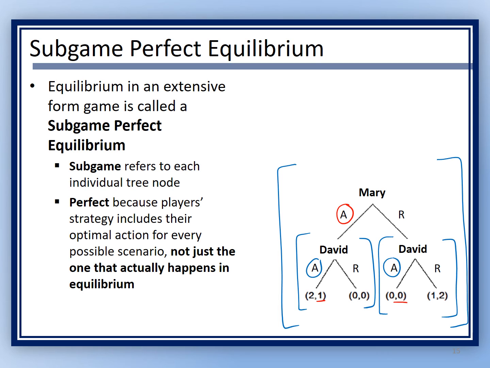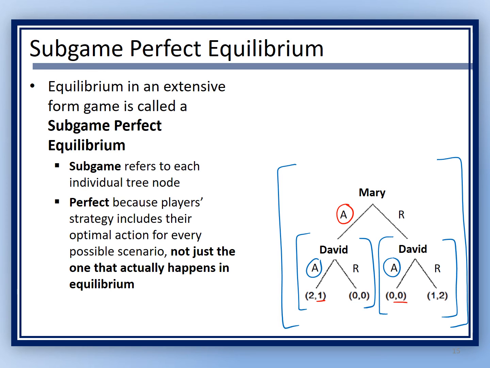So in subgame perfect equilibrium, we rule out the possibility that the players can make suboptimal plans like that. Those plans could alter what happens in equilibrium, and we do not allow that. Every player has to make a choice in every scenario that is optimal within that scenario. So it's a restrictive definition, but it helps us keep the situation manageable, right?